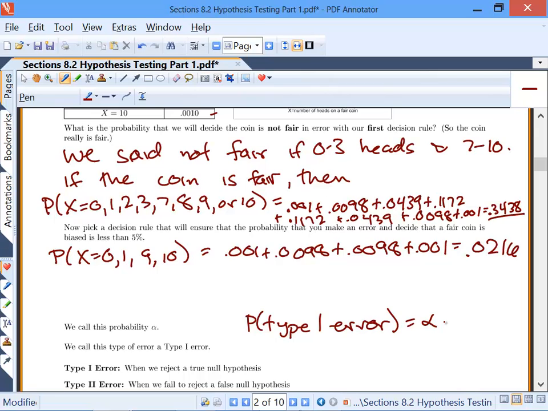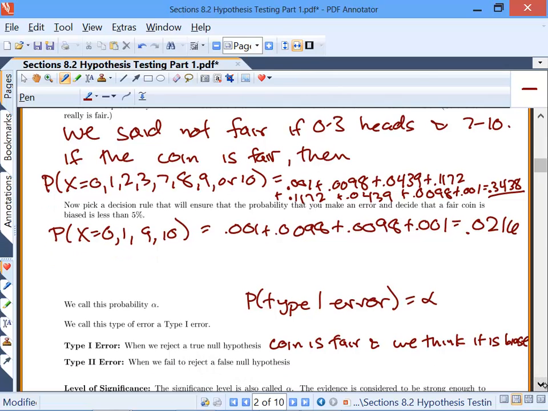So that means the null hypothesis is true, the coin is fair, and we think it is biased. So that's a type 1 error. So what we did is we controlled the probability of our type 1 error. We said we want the probability of our type 1 error to be less than 5%. And we made our new decision rule that actually got our probability of a type 1 error down to about 2%.